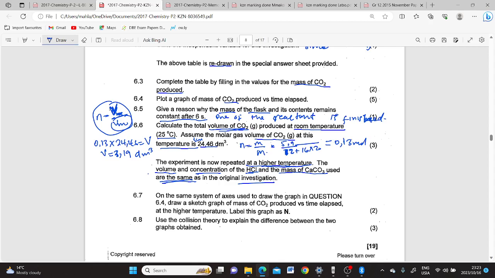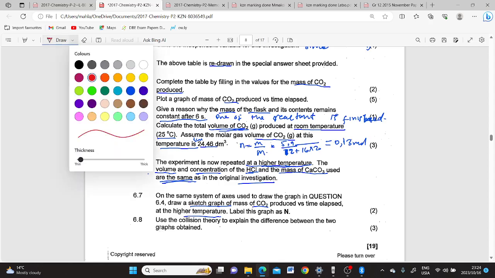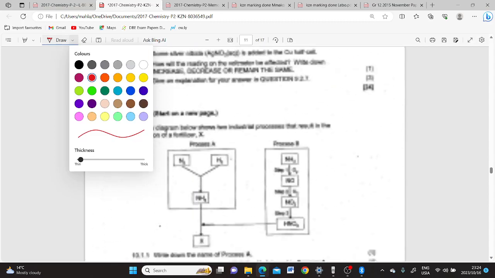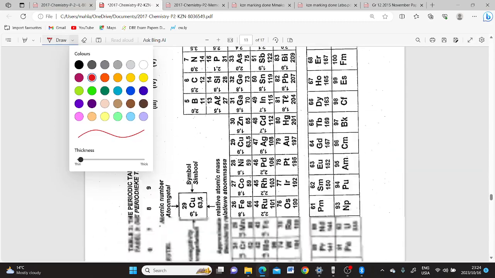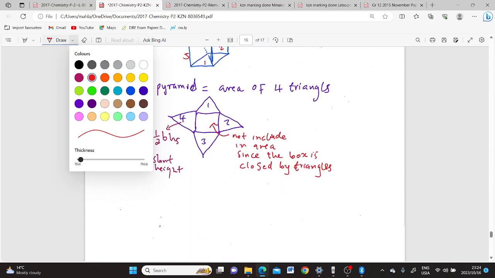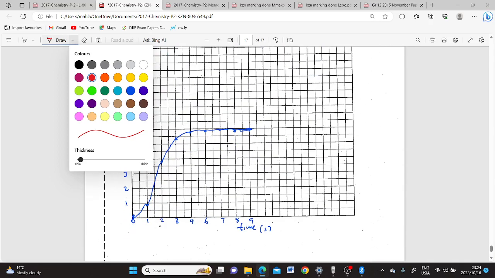On the same set of axes used to draw the graph in question 6.4, draw a sketch graph of mass of carbon dioxide produced versus time elapsed at higher temperature. Label the graph N. Let's do that quickly. So let's check we've drawn our graph.